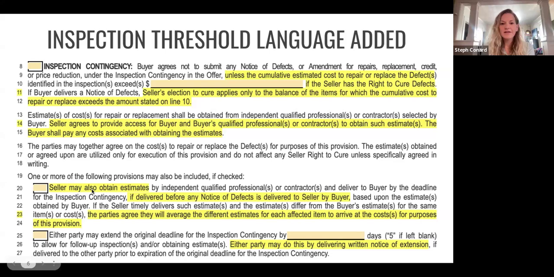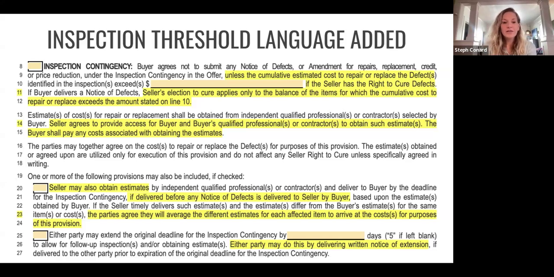So this is where you'll identify that amount. This is a conversation with a buyer. It could be 2,500, it could be 5,000, it could be 10,000. If a buyer really wants to just have an inspection for informational purposes only, they could make it really high, like $15,000 to $20,000, knowing that it probably won't get up that high.